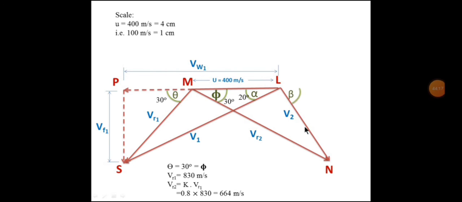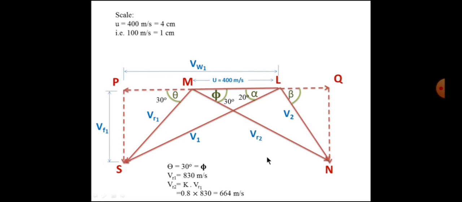Now again, if we measure the angle with which the segment V2 is inclined, it will give us angle beta. So now extending the line from point L and joining it with the perpendicular drawn from point N, we will get a point Q. And in this way, the whole combined inlet outlet velocity triangle diagram is completed.